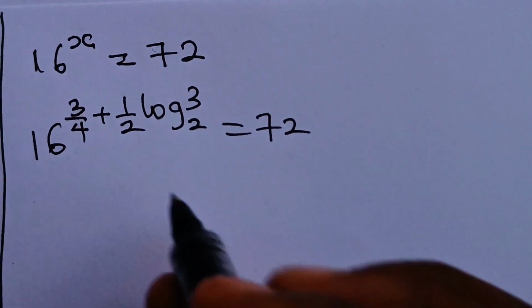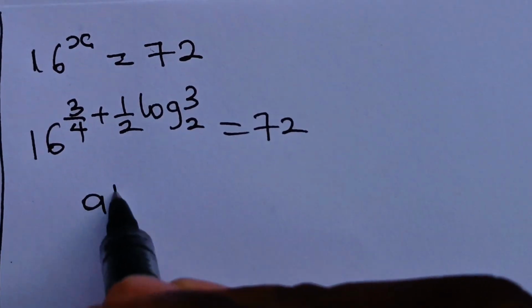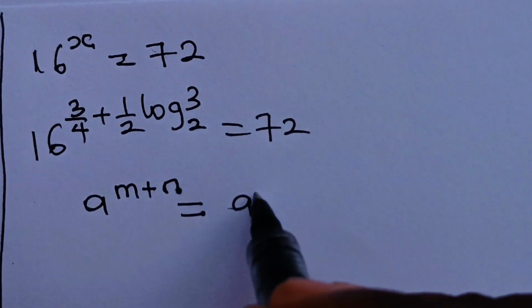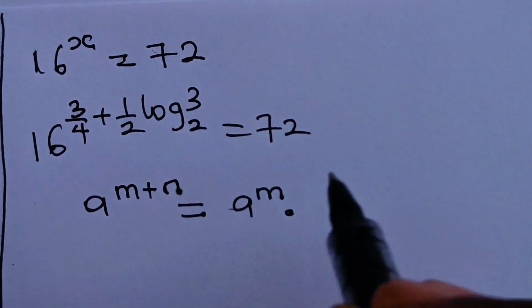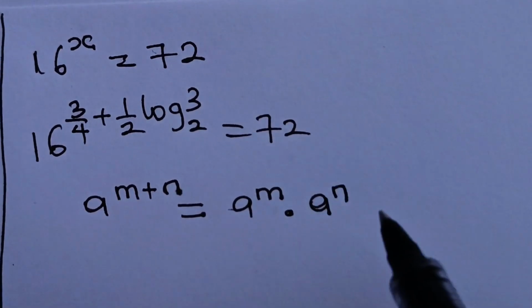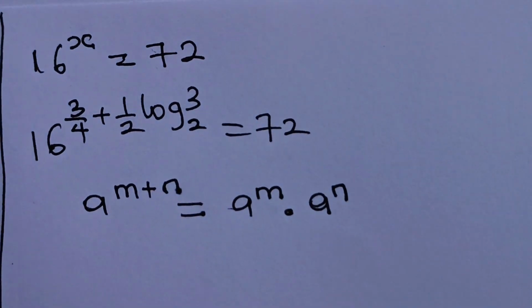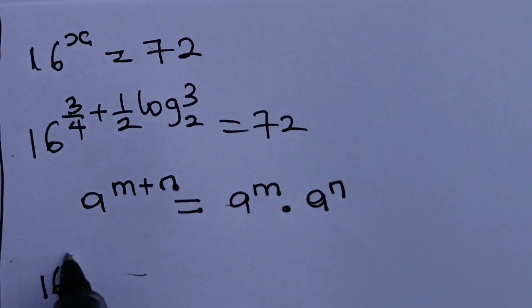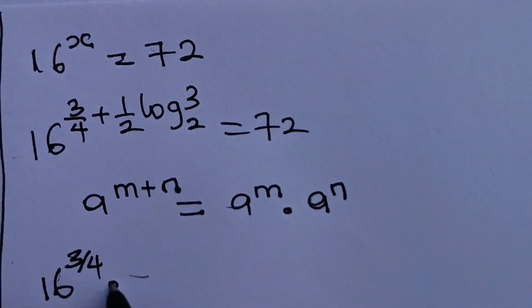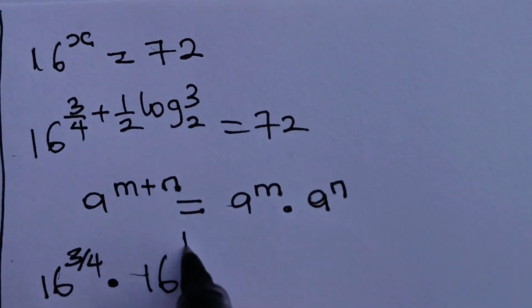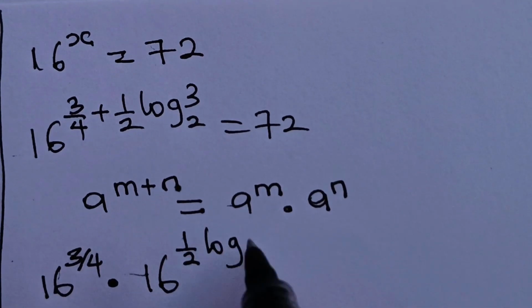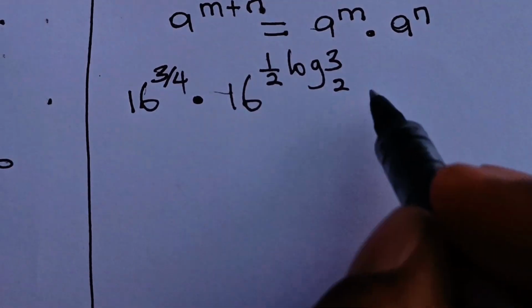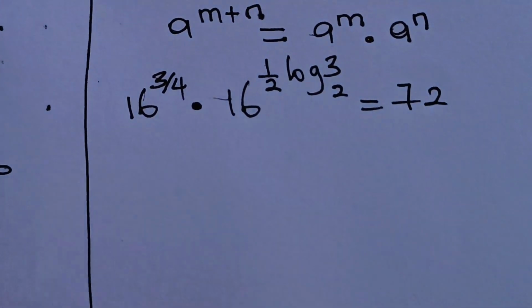Recall that when you have a to the power of m plus n, this is the same thing as a to the power of m multiplied by a to the power of n. So we can now rewrite this as 16 to the power of 3 over 4 multiplied by 16 to the power of half log 3 base 2, and this is equal to 72.